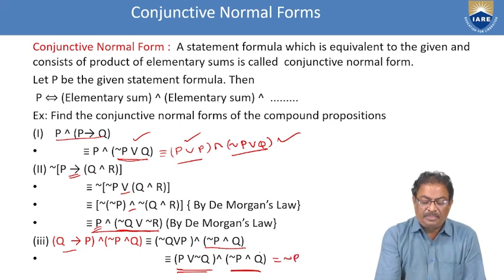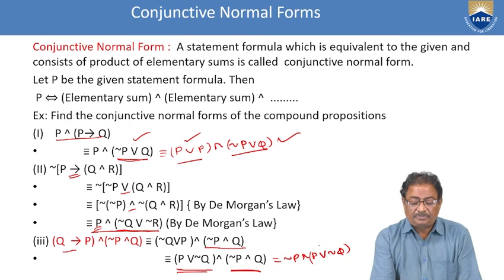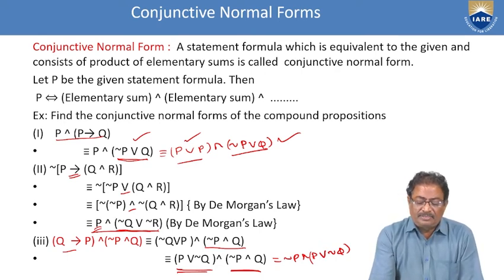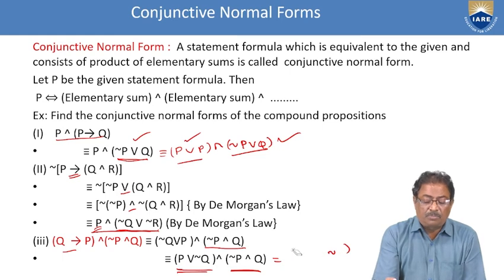Negation of P and P or negation of Q, negation of Q. Then this will become, or else I can consider it as some more, PR negation Q and negation P.